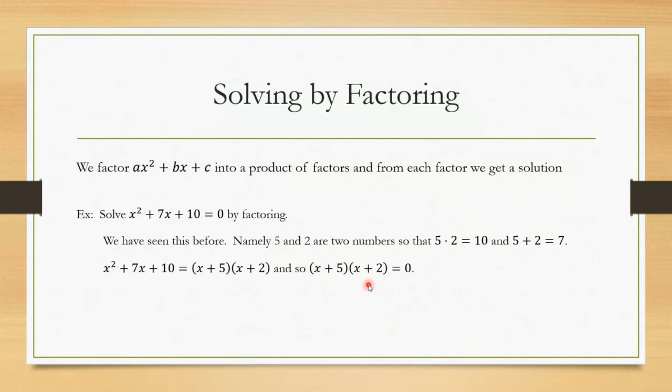They both could be, but at least one of them has to be. I think it's called the zero product property, or the zero product rule. It's in the book.